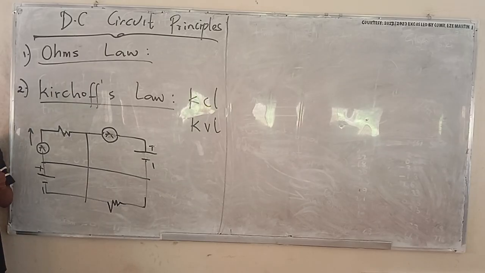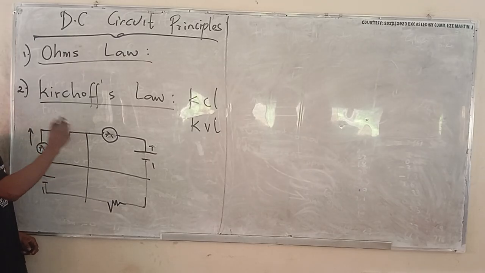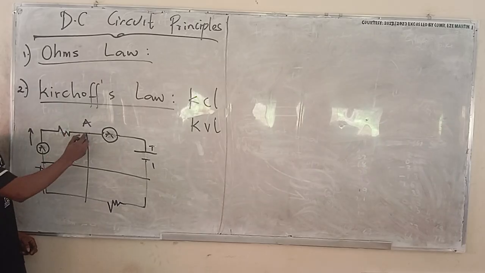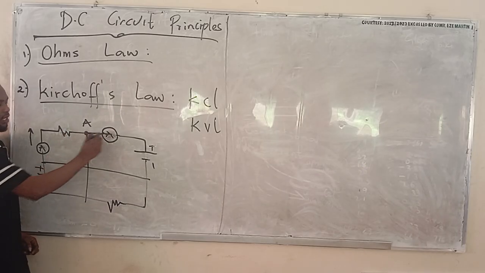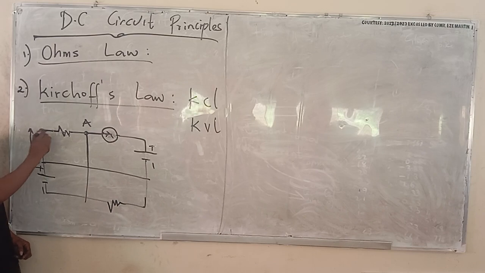Now, this junction or node talks about where you have 3 points, the point in the wire where you have 3 points. Let's say this is A. If I notice this point, I'll notice that current can flow here, current can flow here, and current can flow here. Notice that the rest, which we call loop, this point is just having 1 and 2.